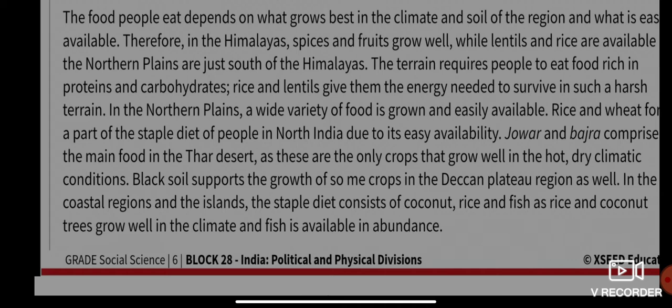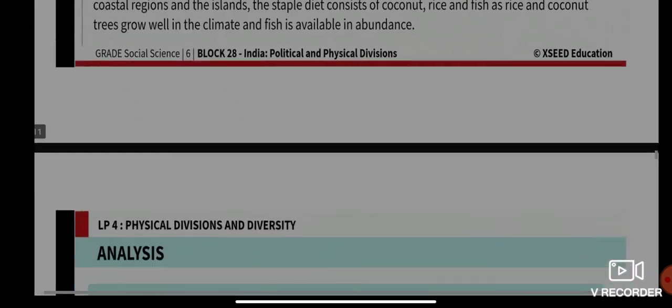Similarly, the black soil supports the growth of many crops in the Deccan Plateau as well. In the coastal region and the islands, the staple diet consists of coconut, rice and fish, as rice and coconut trees grow well in the climate and fish is available in abundance. That is for people who live in the coastal areas near the sea and in the islands like Andaman, Nicobar, Lakshadweep. Okay, so that's it.